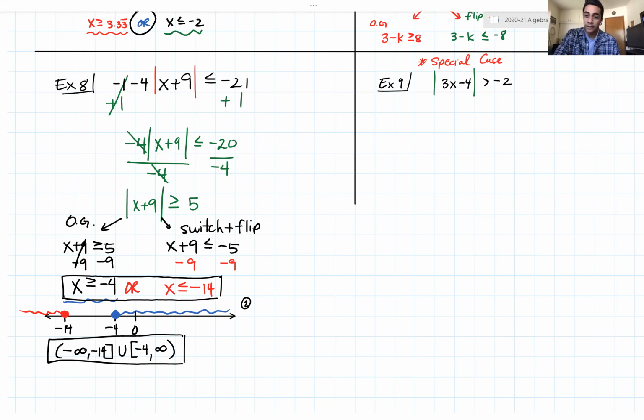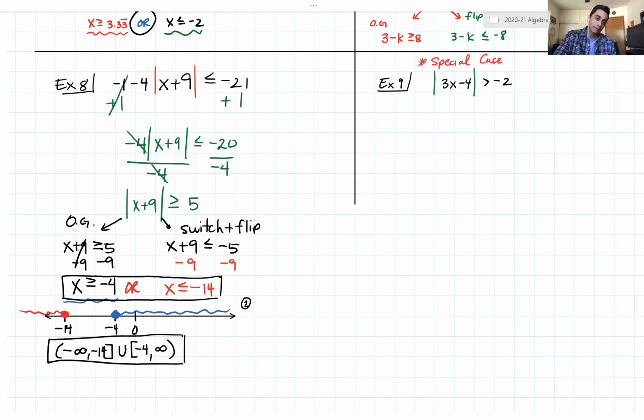Maybe let's start with the inequality sign first, right? That's kind of what we've been using to guide us the entire time. Okay, so we could try writing both or problems. Okay, somebody's saying no solution.